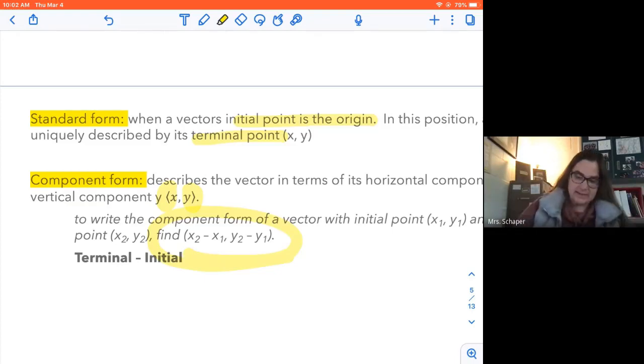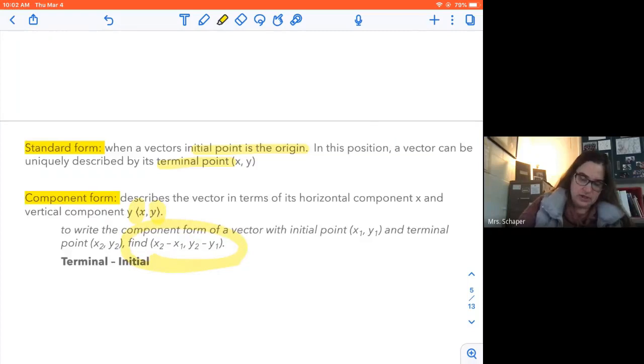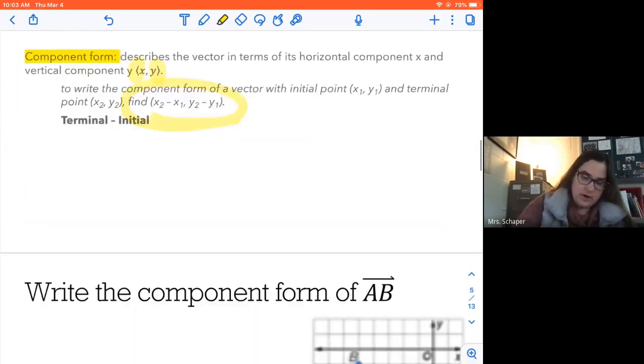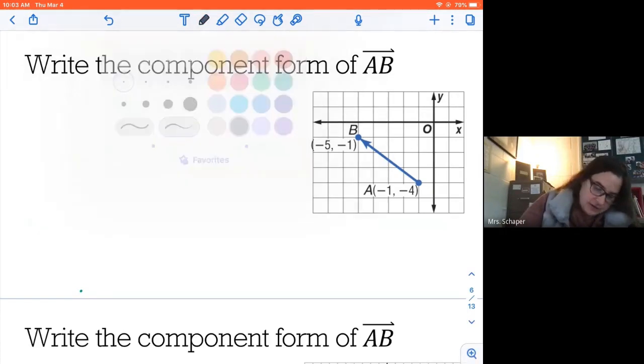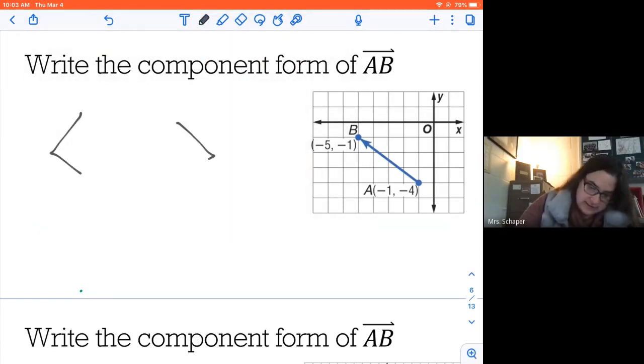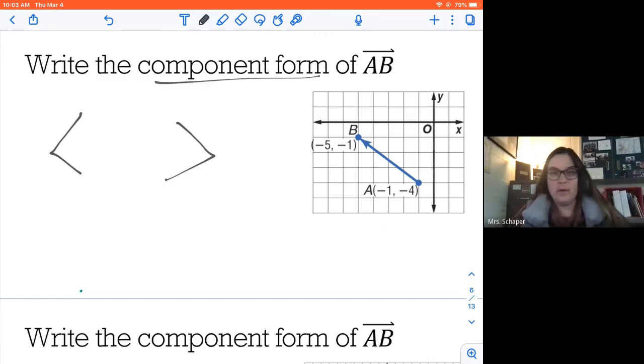So we're going to practice this. These you do want to get down into your notes. If we're going to write the component form, it tells me that I have to use these symbols. Now what I do is I ask myself, what am I doing with the x?